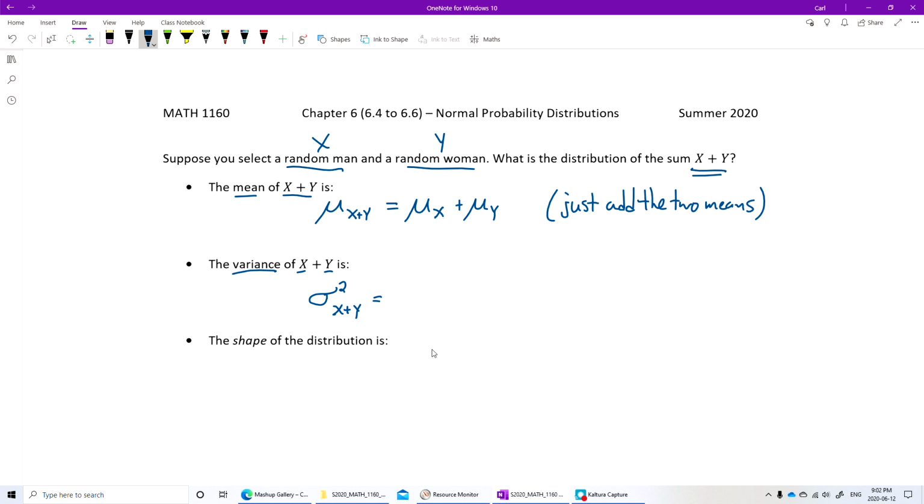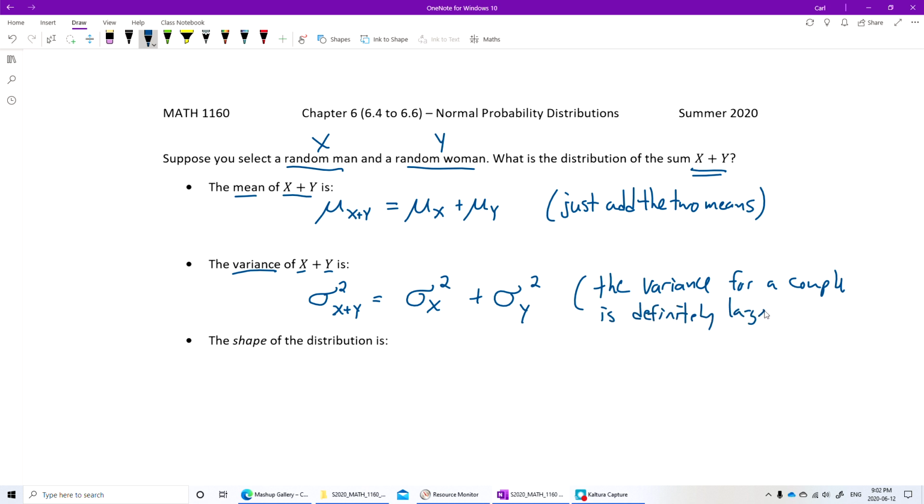And fortunately, the actual relation is pretty simple. The variance of the sum is just the sum of the variance for men plus the variance for women. So notice that means that the variance for a couple is definitely larger, because it's the sum, than the variance for either a single man or a single woman.